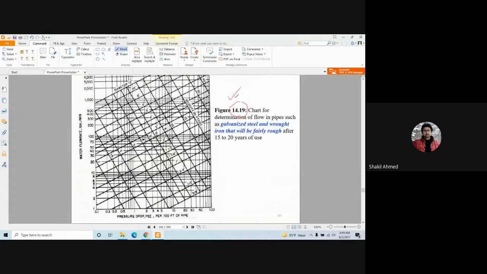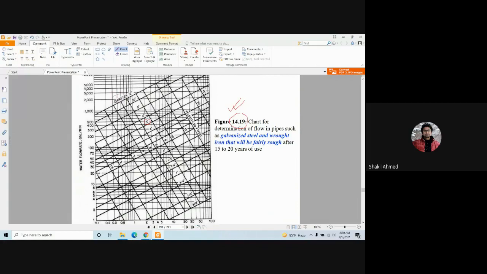These figures are important to determine the pipe size, the diameter. Which pipe size you need. To determine this, what do you need to know, guys?